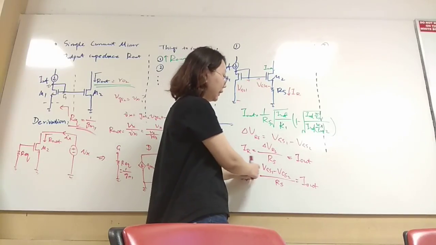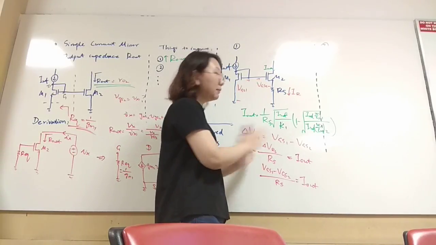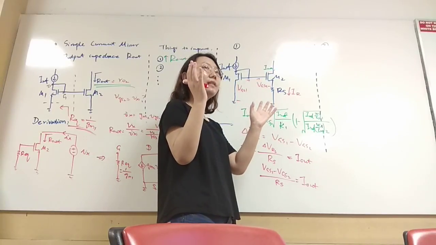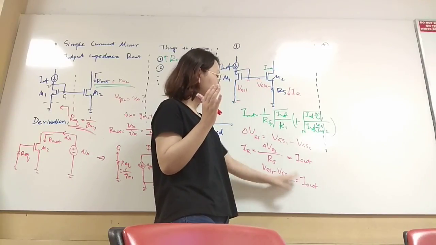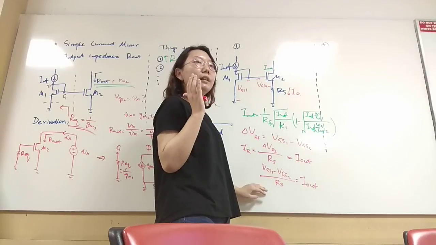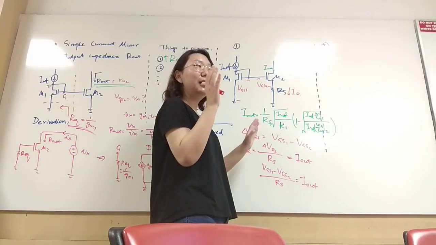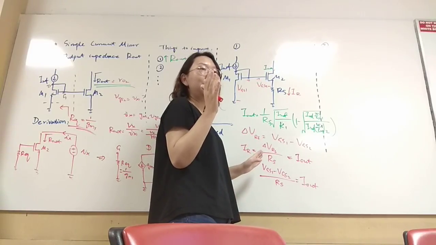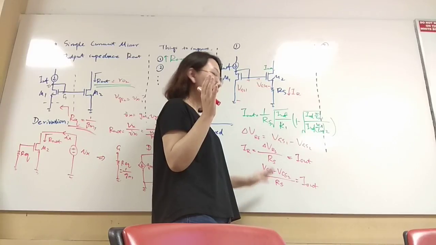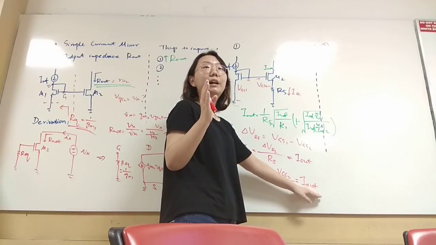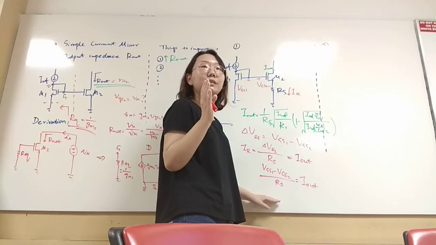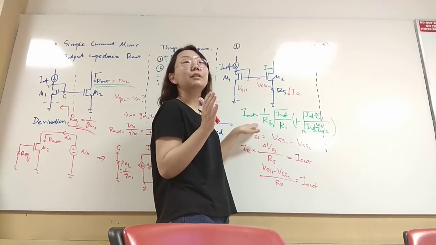Because if I can replace this VGS by something containing my I reference, the whole left-hand side will be an equation which contains I reference only, right? Then I find the relationship between my IR and I reference, and then you can get this equation.